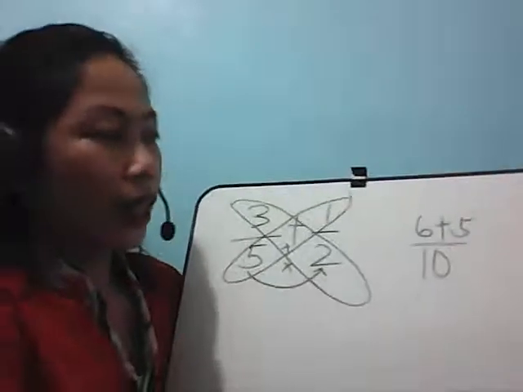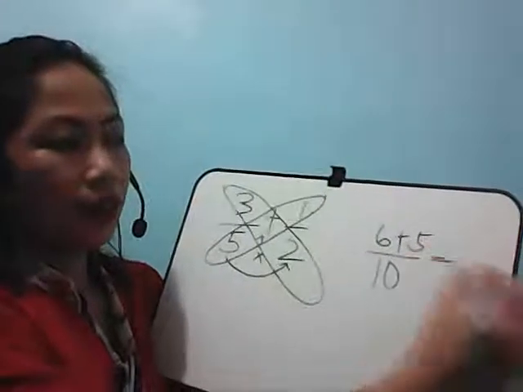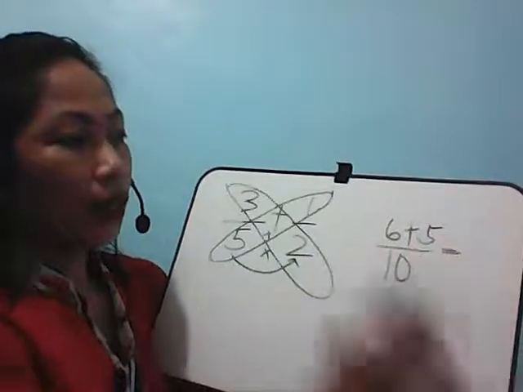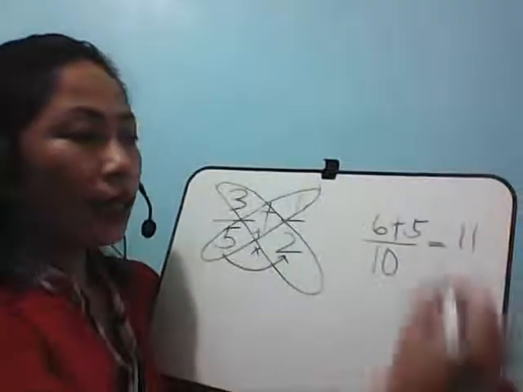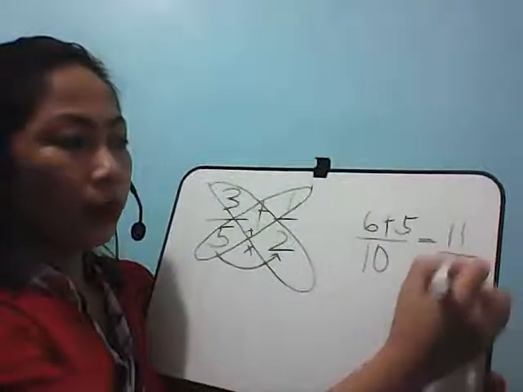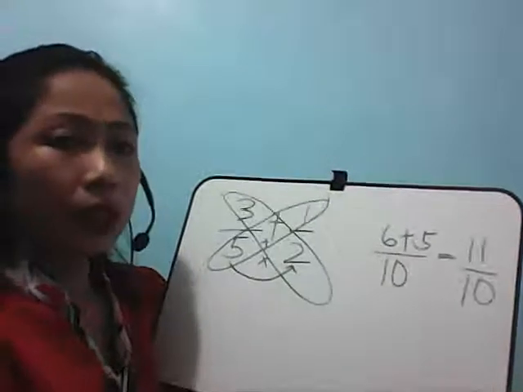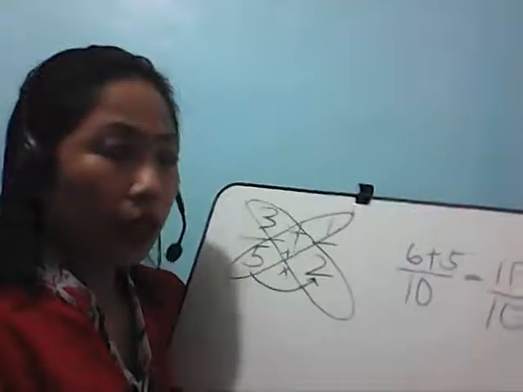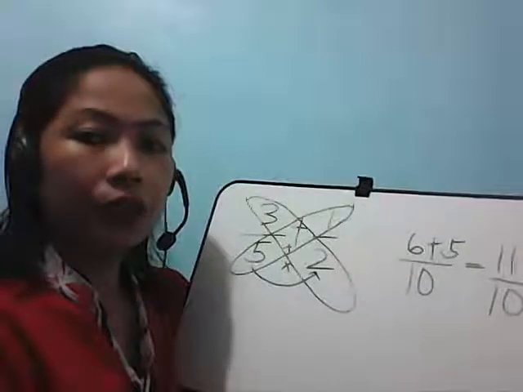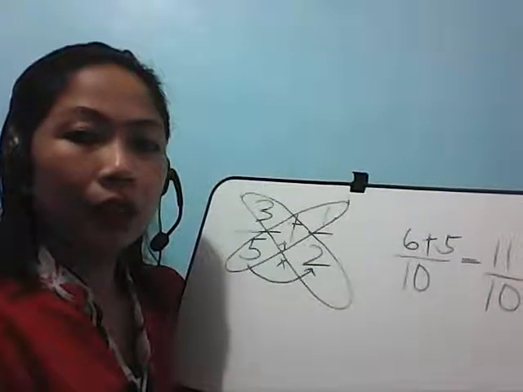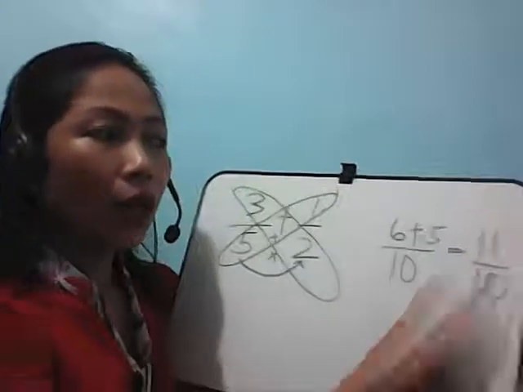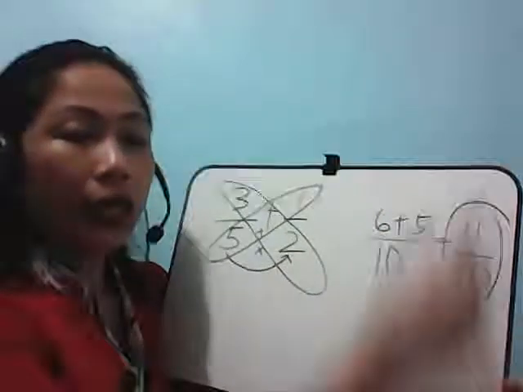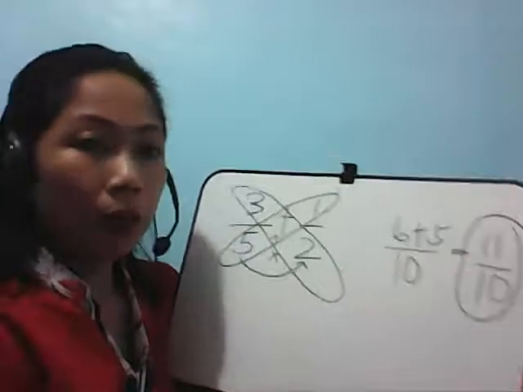This is the third step: we add. 6 plus 5 is 11. Copy the denominator. Our answer is 11 over 10.